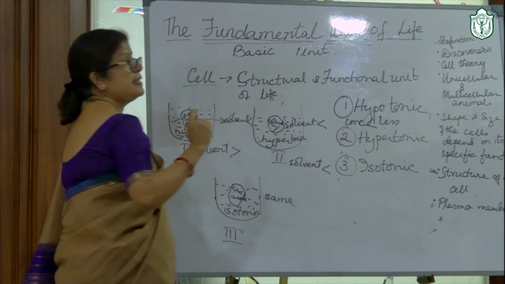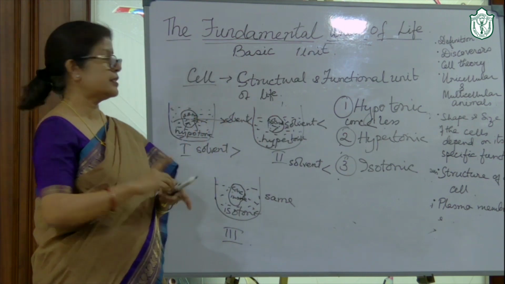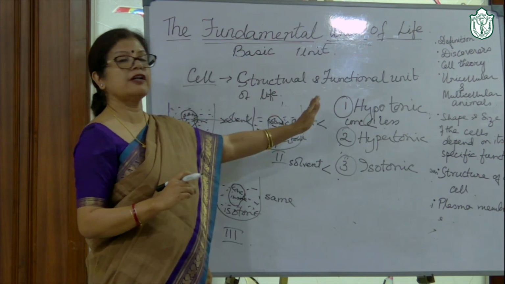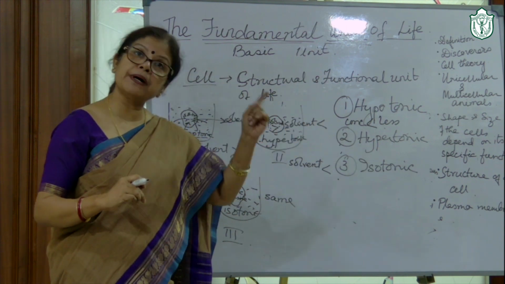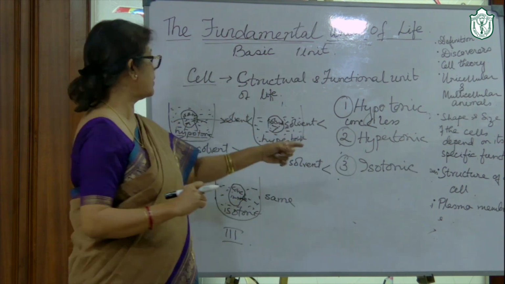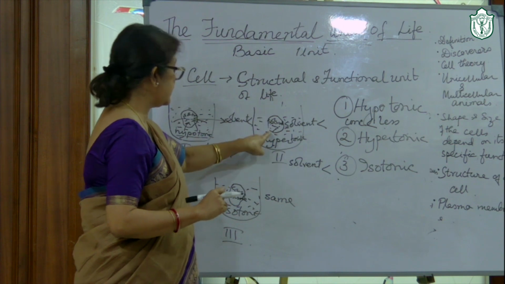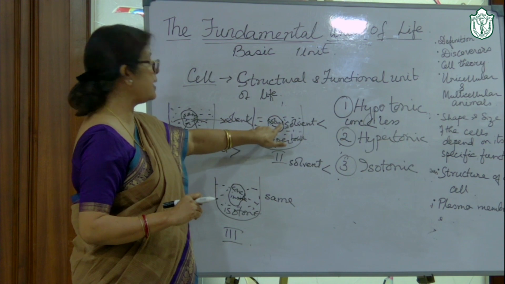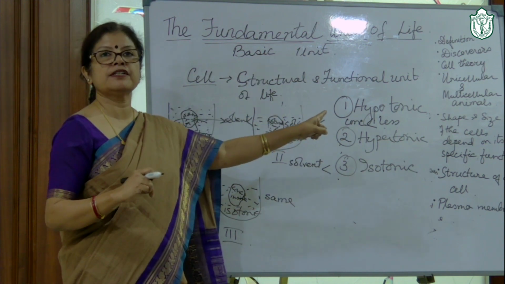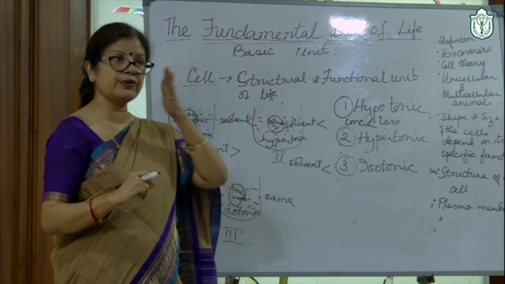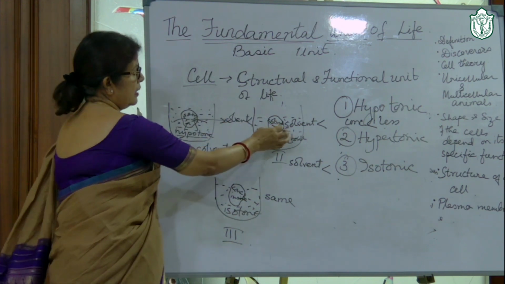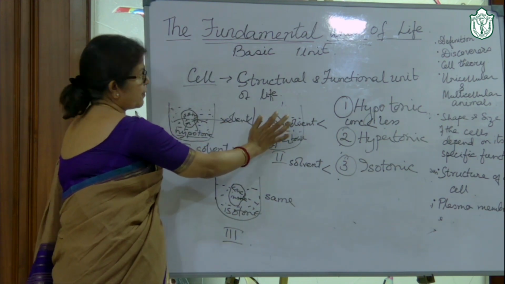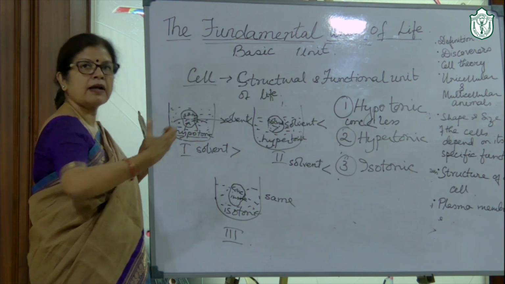When the cell has more solvent and it is placed in a hypertonic solution, where the solvent is less outside and comparatively the cell has more water molecules, the water molecules from this cell will come out.